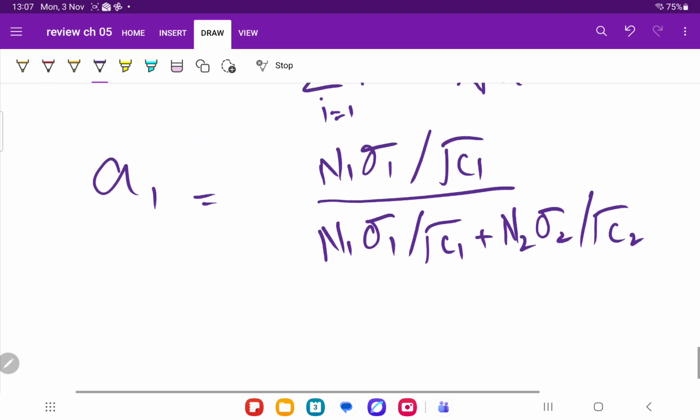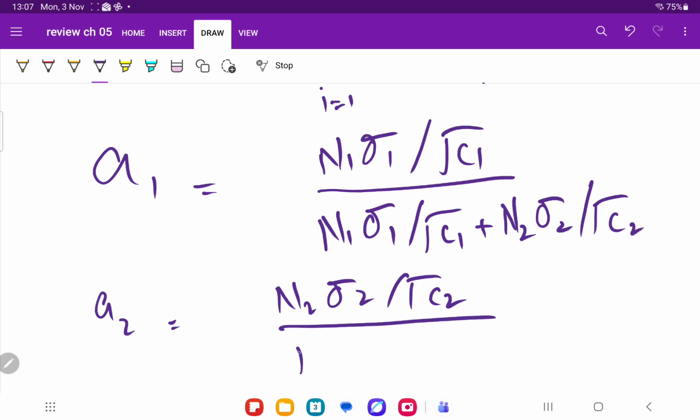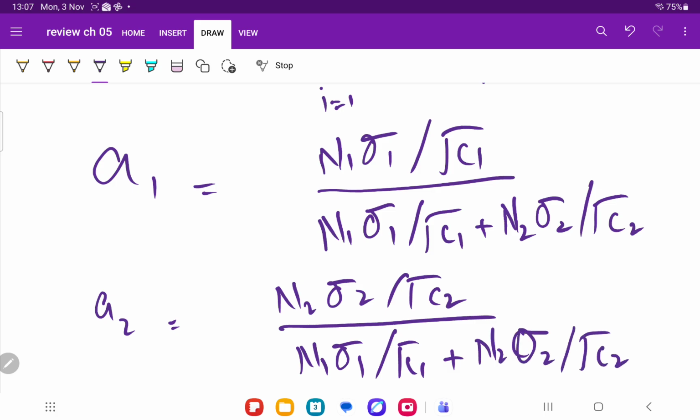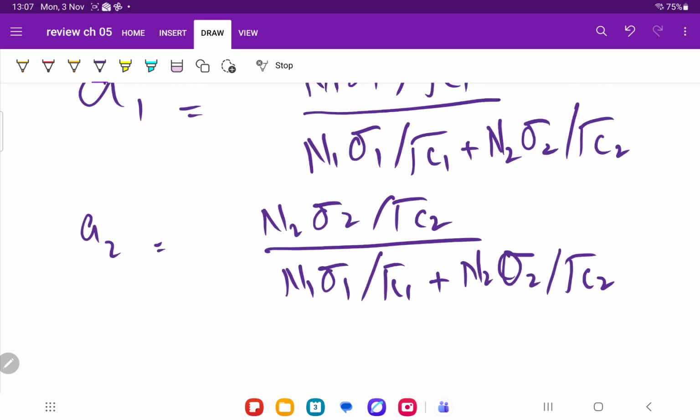So that is A1. And A2 is N2 sigma 2 square root C2 divided by N1 sigma 1 square root C1 plus N2 sigma 2 square root C2. These are the allocation formulas.